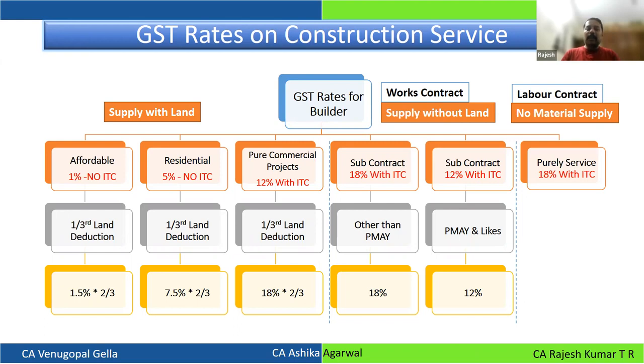Third aspect, when it comes to works contract supply without land, many people ask me a question: sir, when the developer does construction work for the landowner, wouldn't he be covered under this type of contract where it is without land, because land is already owned by the landowner, especially in the Tamil Nadu region, because of the way the land laws operate over there, to my understanding.